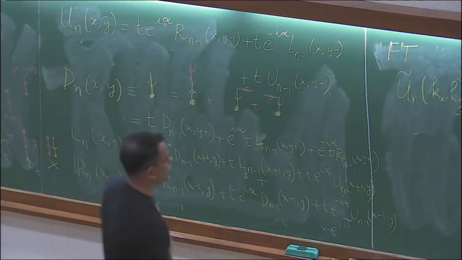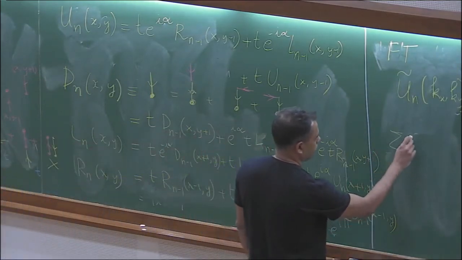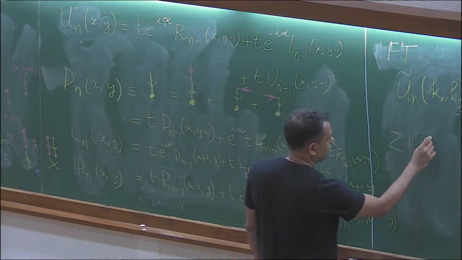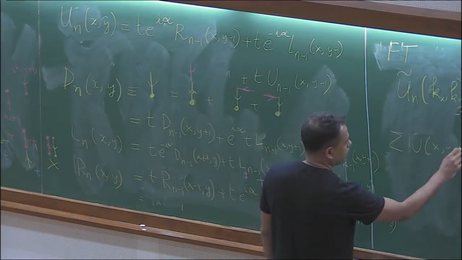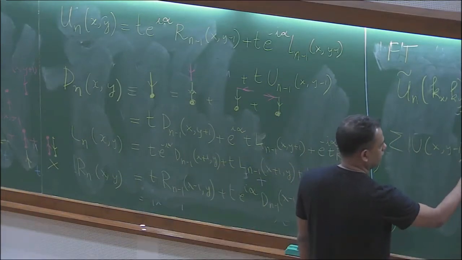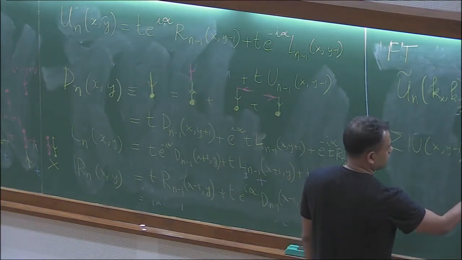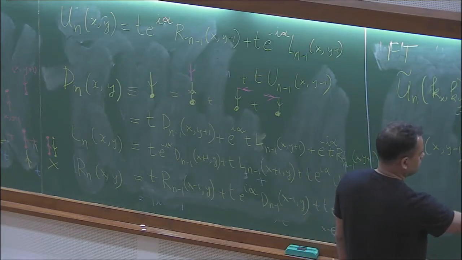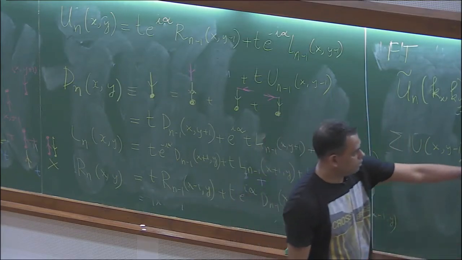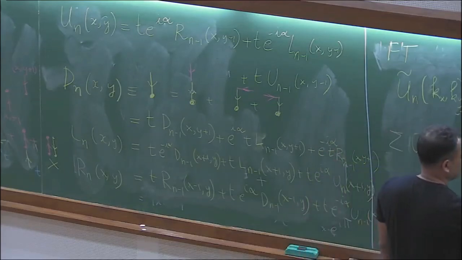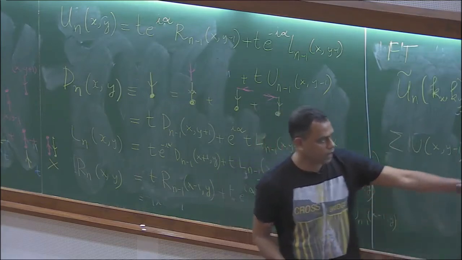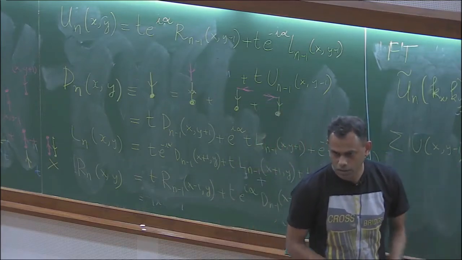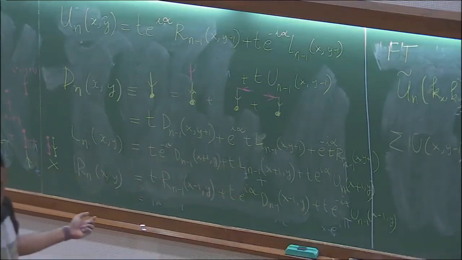So if I do the summation of u of x y minus 1 with e to the power i kx x and e to the power i ky y, into y minus 1, I have to multiply by e to the power i ky. So it just pulls out factors of this kind. So now you can do it for the four equations in terms of the Fourier transforms.